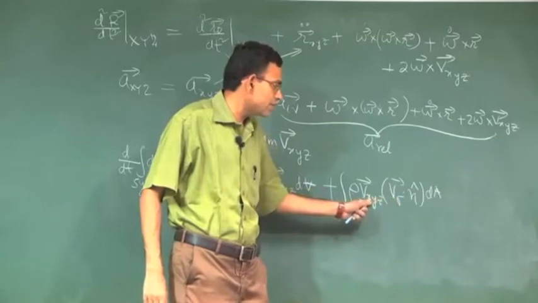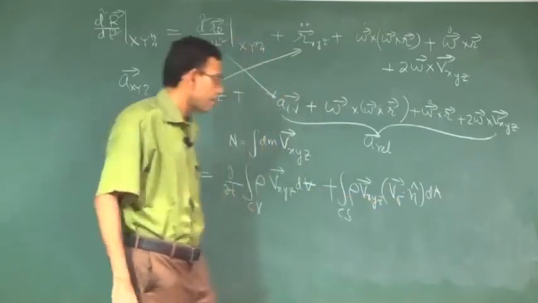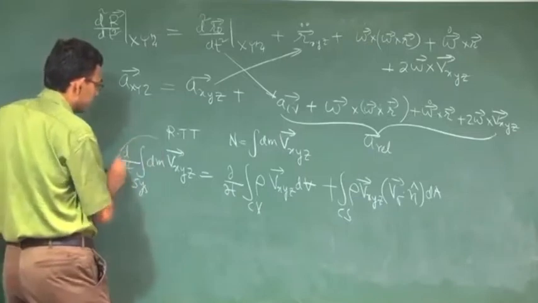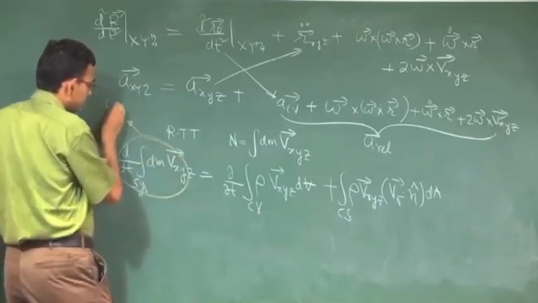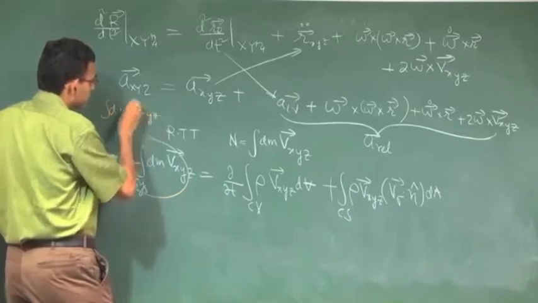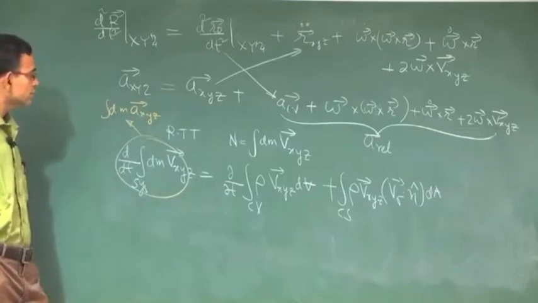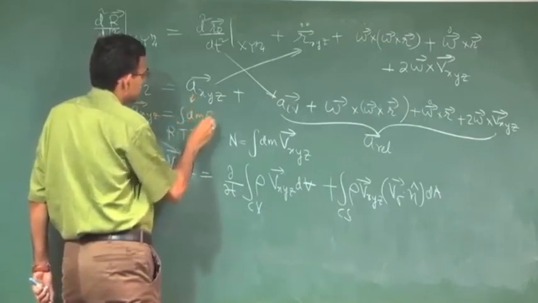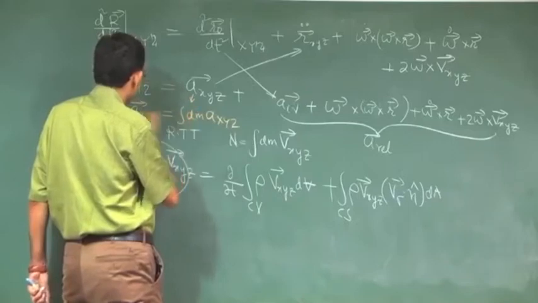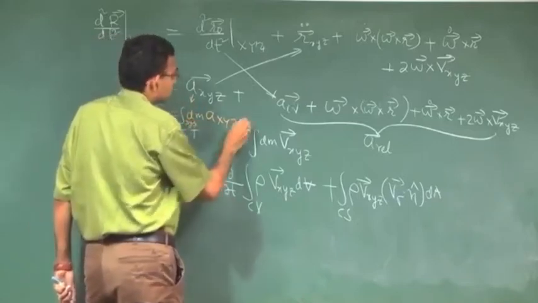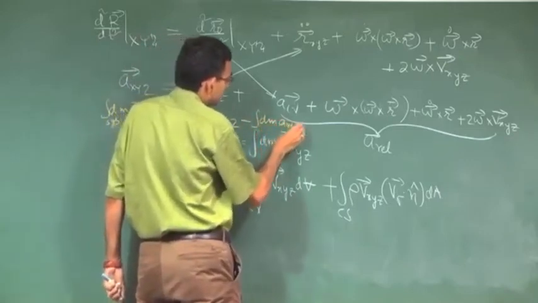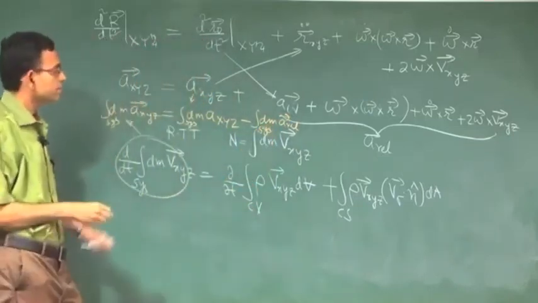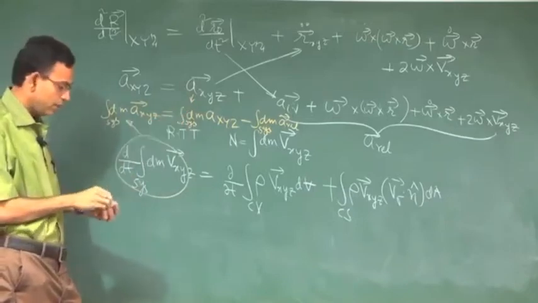This v relative is velocity with respect to small xyz. Now this you can write, and by this it will be, right, just this equation I have written one below the other.